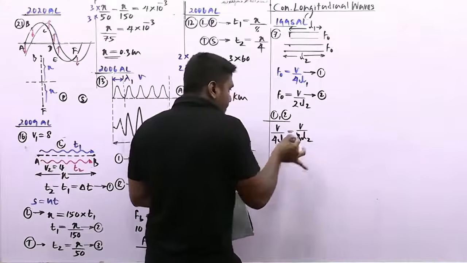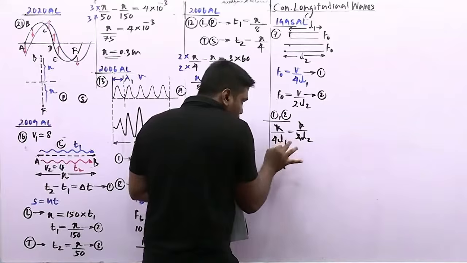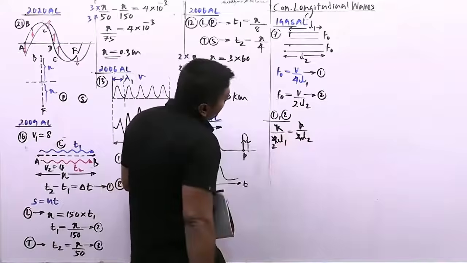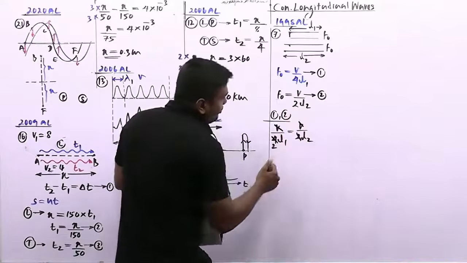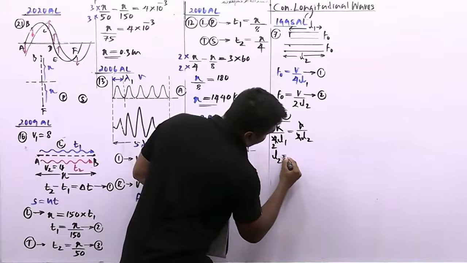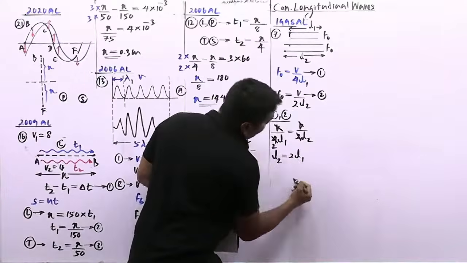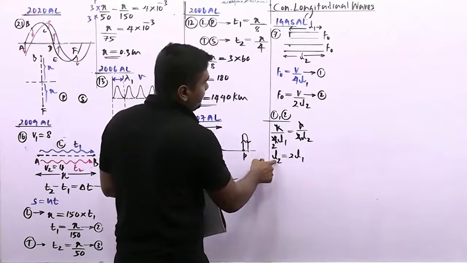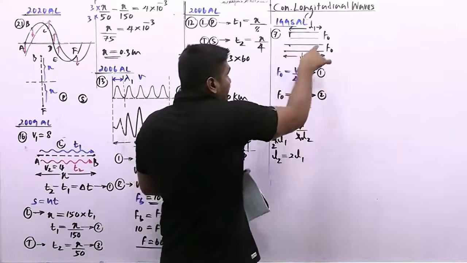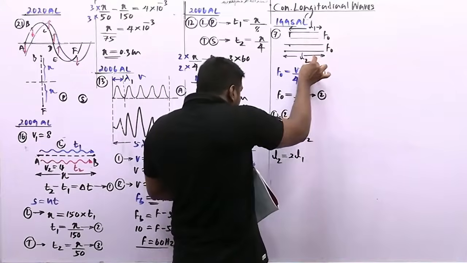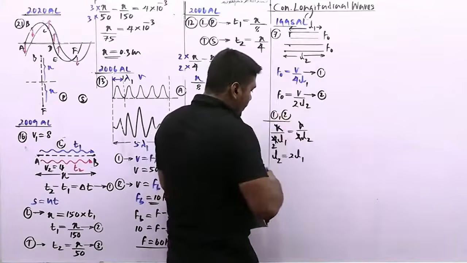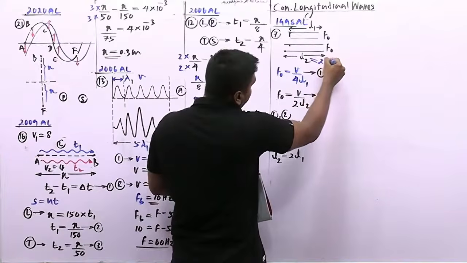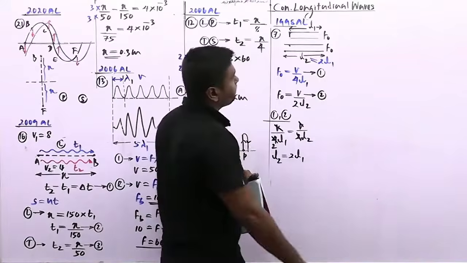The v cancels out, and finally you can obtain a relationship between L1 and L2. The length of the both end open tube is twice the length of the one end closed tube. L2 is going to be equal to 2L1.